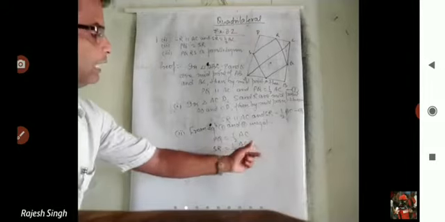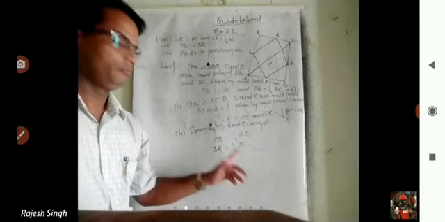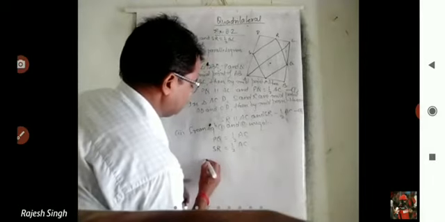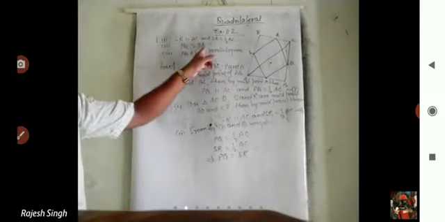In both equations, the right hand sides are equal, so the left hand sides are also equal. This implies that PQ is equal to SR. This is the second part.